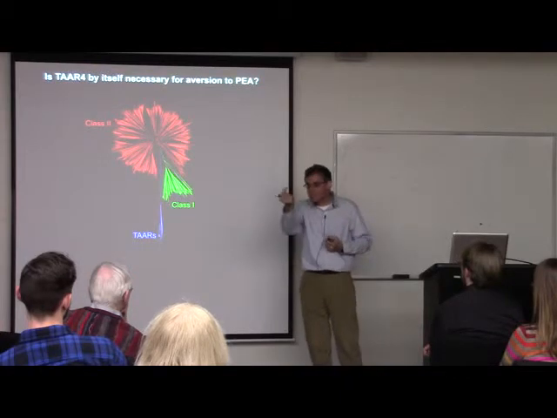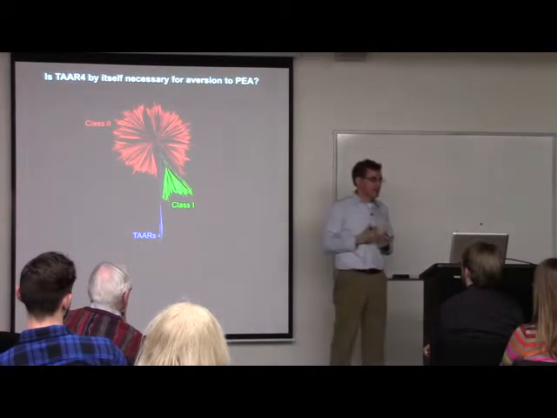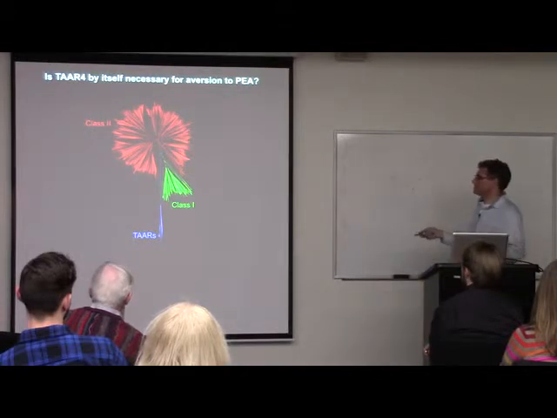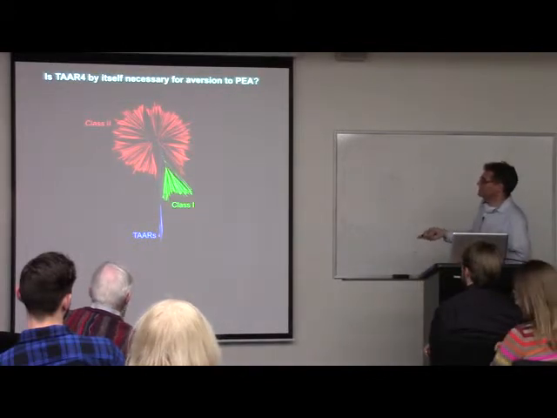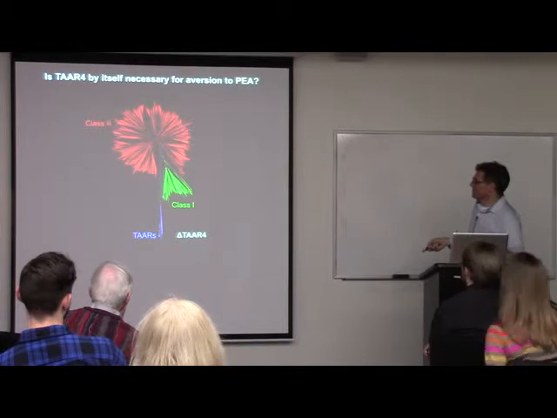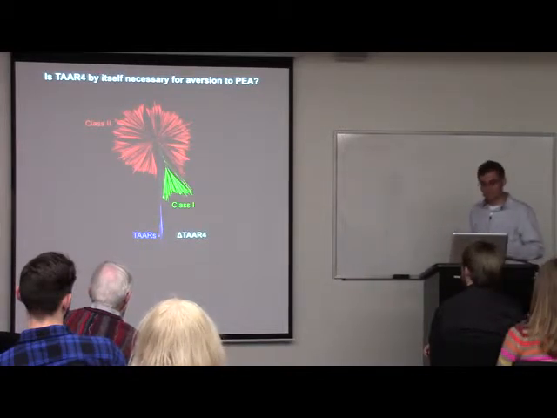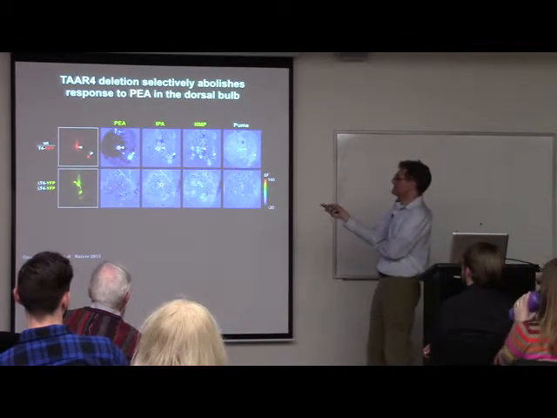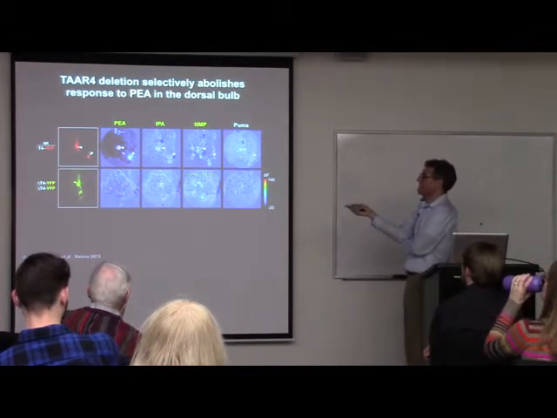Is it possible that if we remove a single TAR that we would be able to see such changes? So what we did was we went back to our TAR4 deletion animals, right? So now TAR4 is gone, but the rest of the TARs remain. If we do our in vivo imaging assay, we can see that in fact we've had an effect.